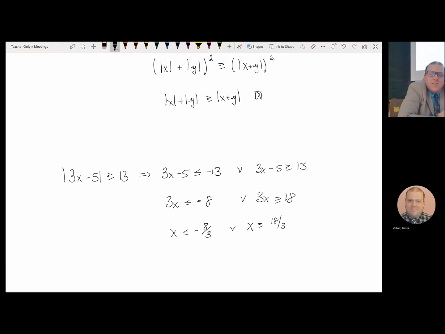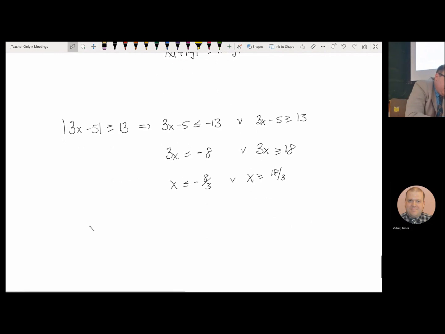Just divide by 3. We get x is less than or equal to negative 8/3, or x is greater than or equal to 18/3. So the solution set, x is in negative infinity to negative 8/3, unioned with 18/3 to infinity.